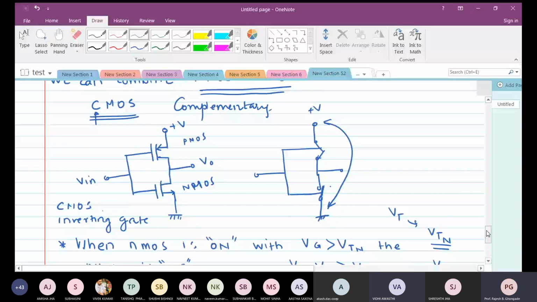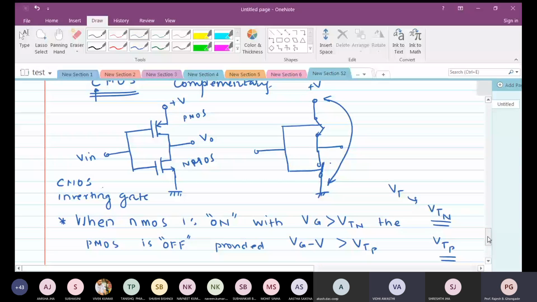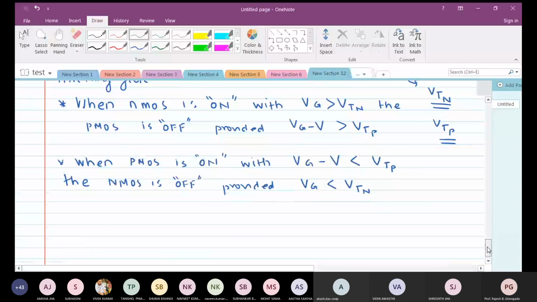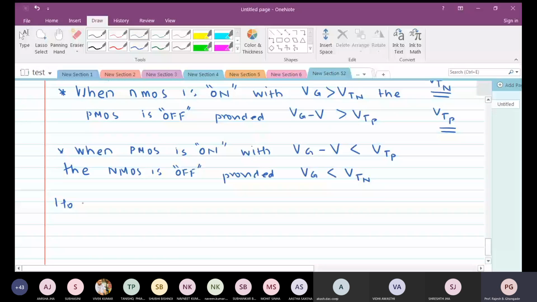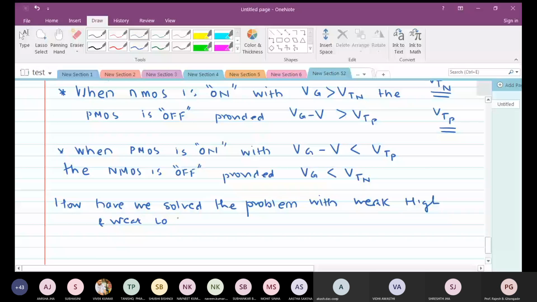My question is, how have we solved the problem with weak 1 or weak high and weak low in PMOS and NMOS respectively? Okay, this is the question.